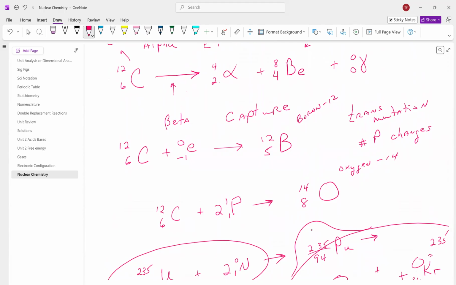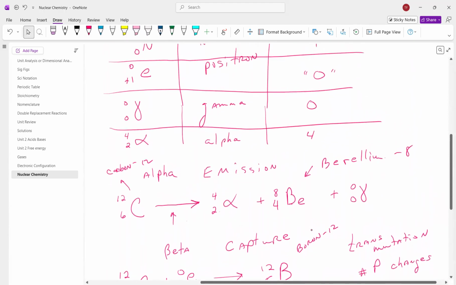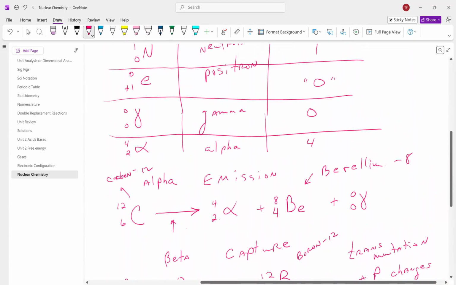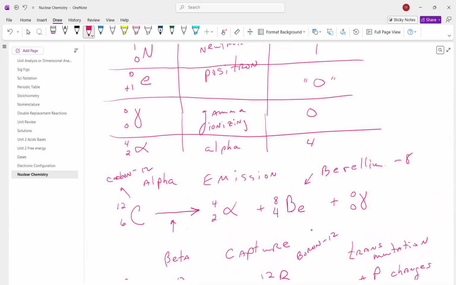Gamma radiation is called ionizing radiation also. The reason why it's called ionizing radiation is because if it hits something, it'll kick out an electron and make it an ion. That's why gamma radiation is very, very dangerous.